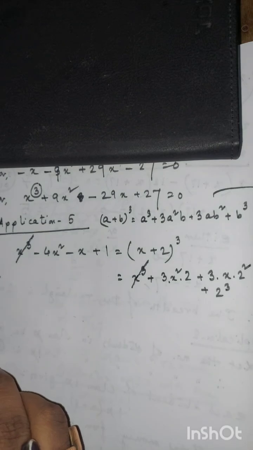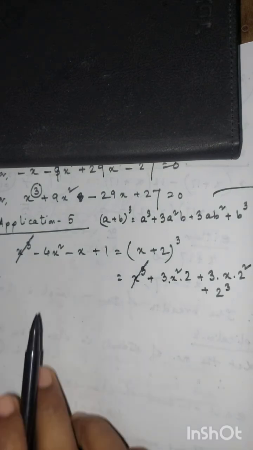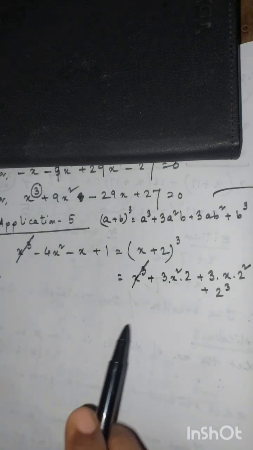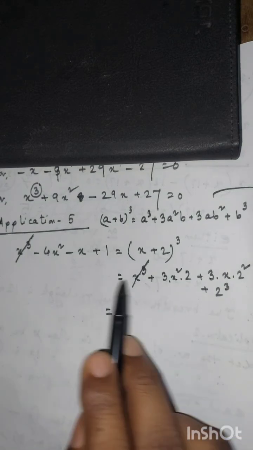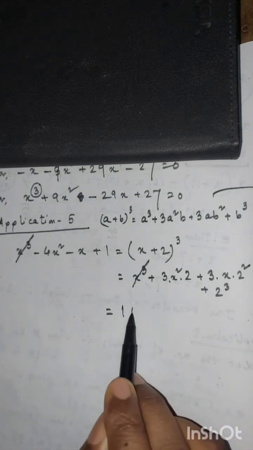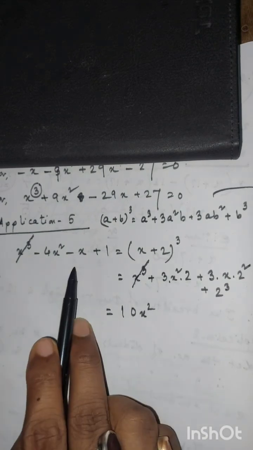Okay, this step, let us take 4x square to the right side, so it becomes 6x square plus 4x square, 10x square, minus x.